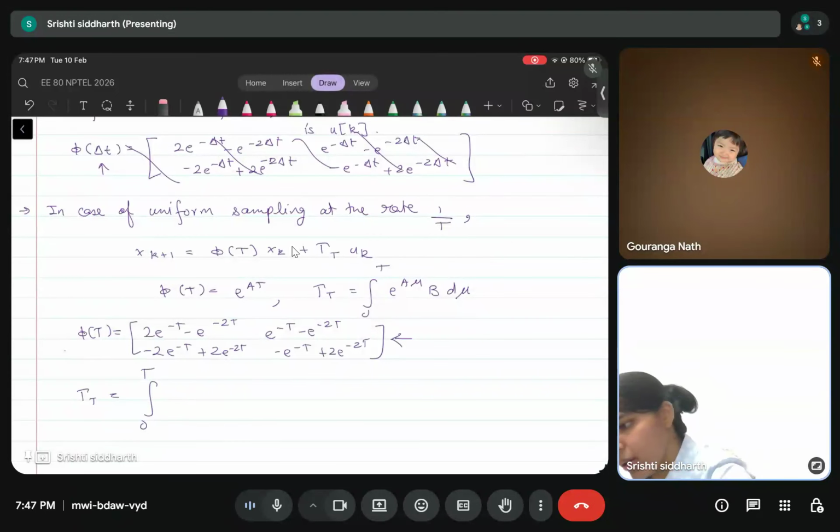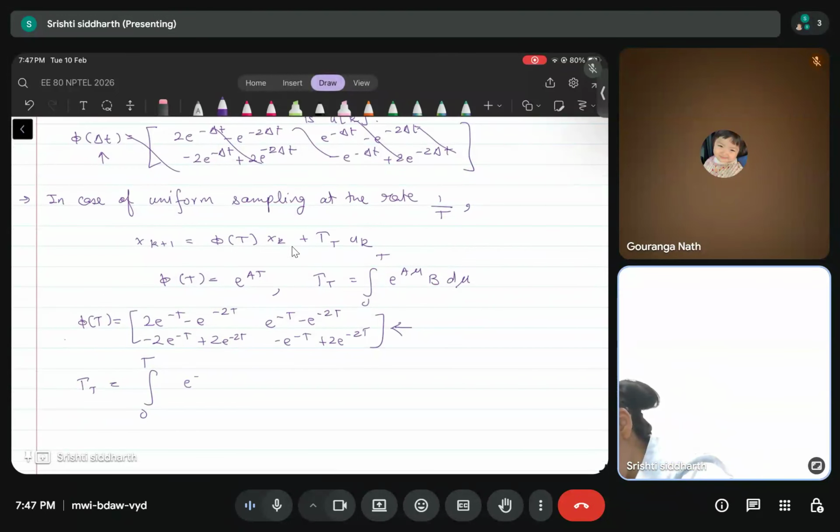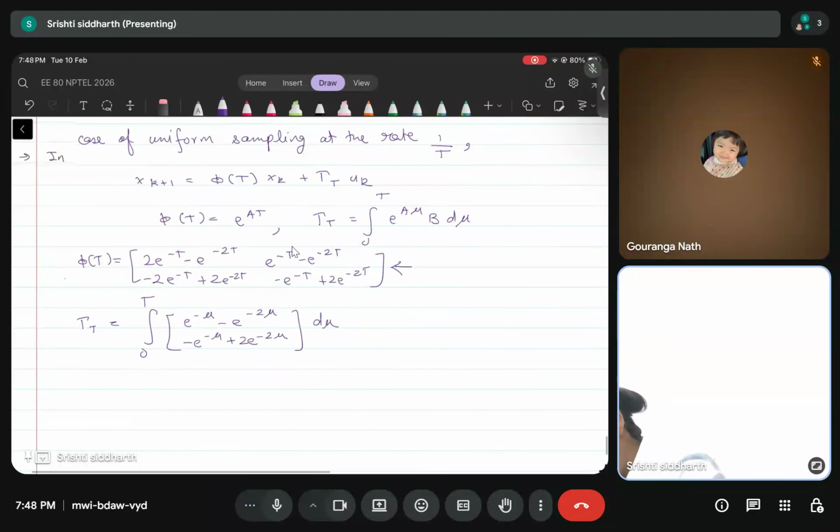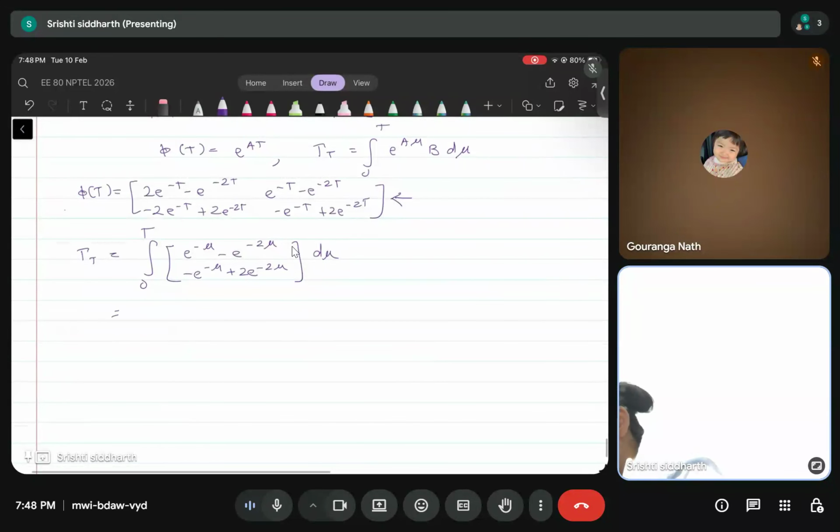So let's write that down directly. This is e to the power minus mu and so on. These are exponentials, so we can compute the integrals easily.